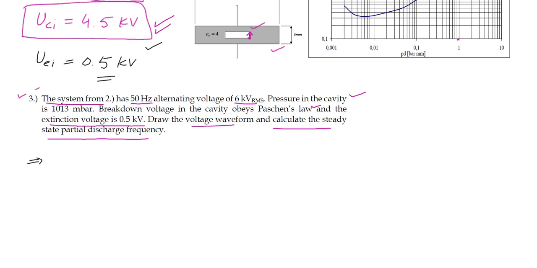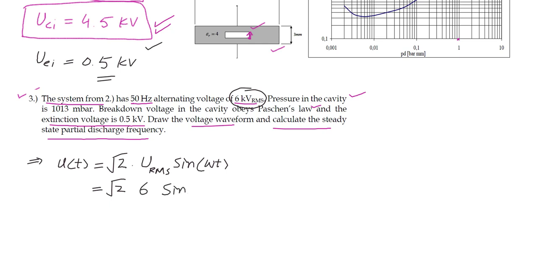The applied voltage U of t is equal to square root 2 times the RMS value URMS times sine of omega t. That's our applied voltage, and URMS is 6 kilovolt. So we can write it as square root of 2 times 6 times sine of omega t, and units are kilovolt.